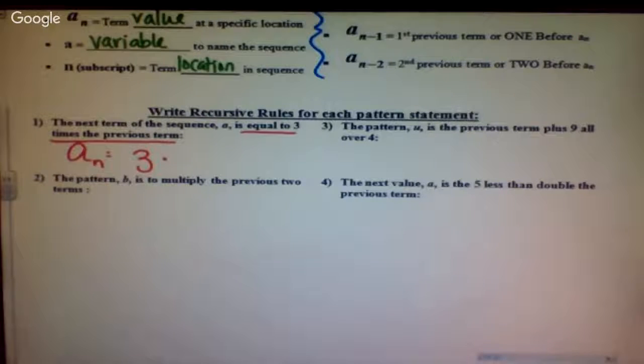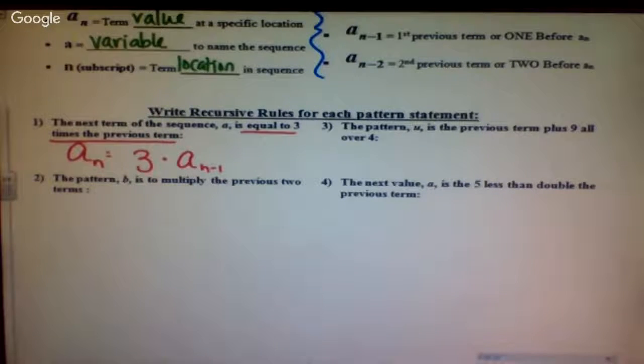Well, again, if I'm here and I only need to go 1 step back and use this number, I call that A sub n minus 1. So what you've done there is you've said, if I need to find this one, I go backwards 1 and multiply that by 3.